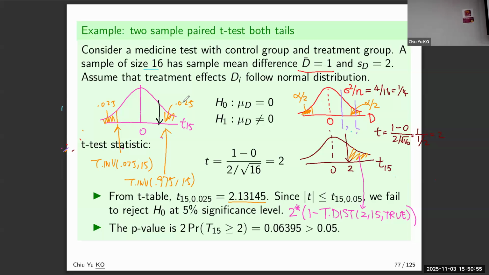Okay. So basically we've done the two A/B testing. Either you have the same variance or different variance of independent samples, or you observe the same individual before and after. So there are two extreme cases. Of course, there are many intermediate cases, but in our class, we focus on two extreme cases.